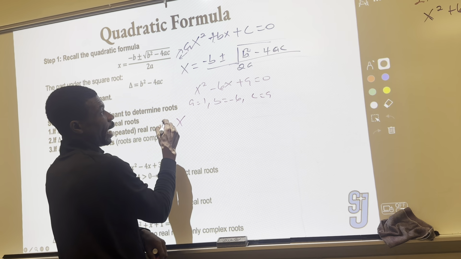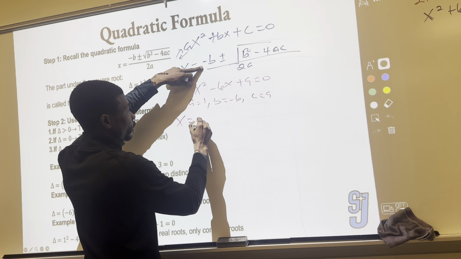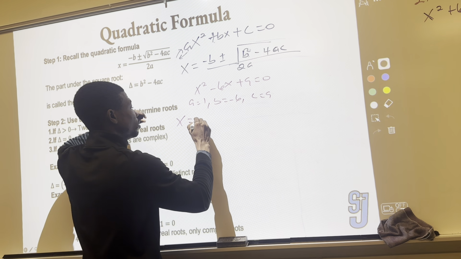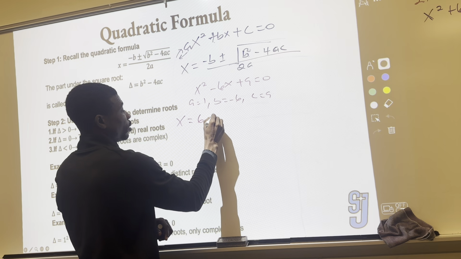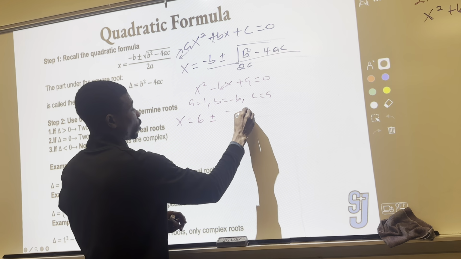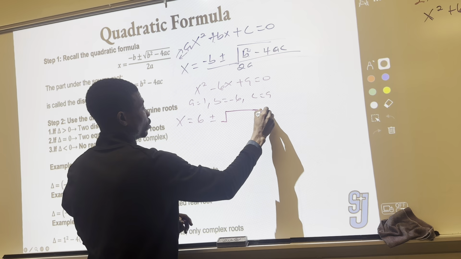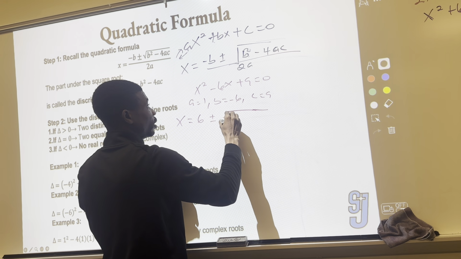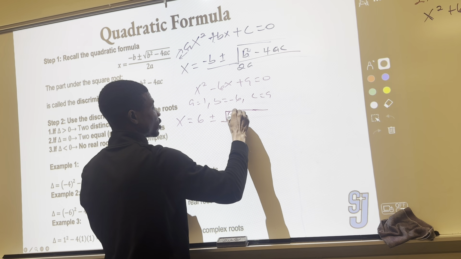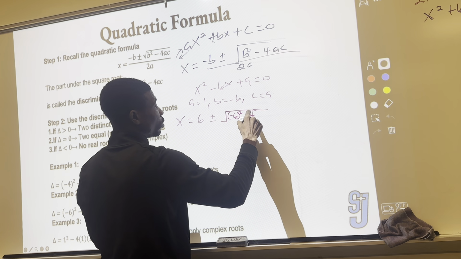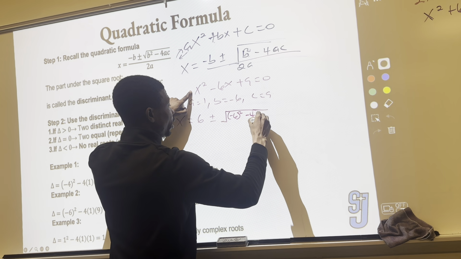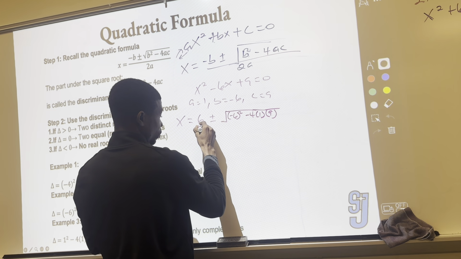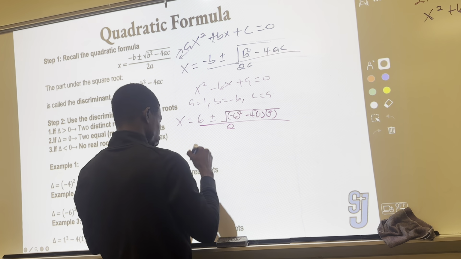To find our x, we have negative 6, negative 1. We can go ahead and say this is 6 plus or minus square root of b squared. So what's our b? Negative 6 squared minus 4, our a is 1 and our c is 9, over 2.